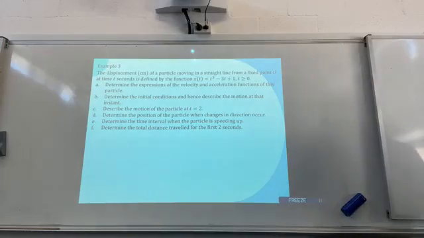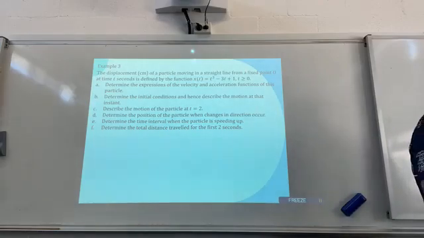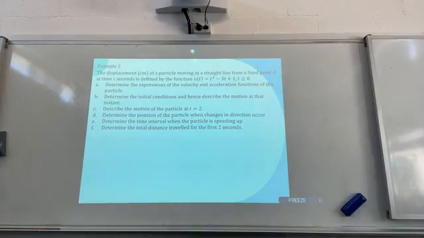Solve the velocity for 0. So it's plus or minus 1, which is only 1, because it has to be greater than 0. So that's when it changes direction. Put 1 into x.